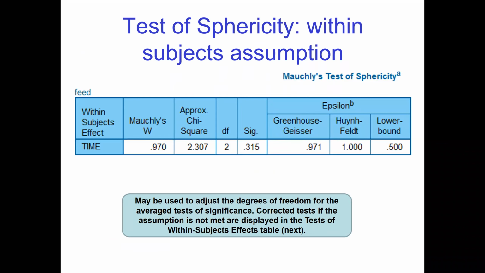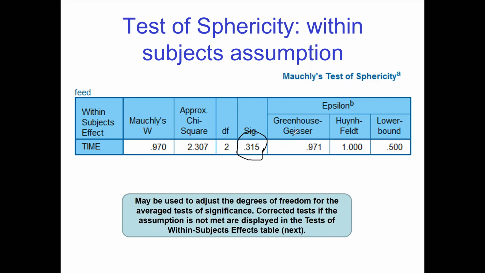The within subjects analysis has an assumption, and in this case, the assumption is not rejected. We use Mauchly's test for that. A little annotation: Mauchly's test is not significant, so we have met the assumption, or we have failed to reject the assumption of sphericity.